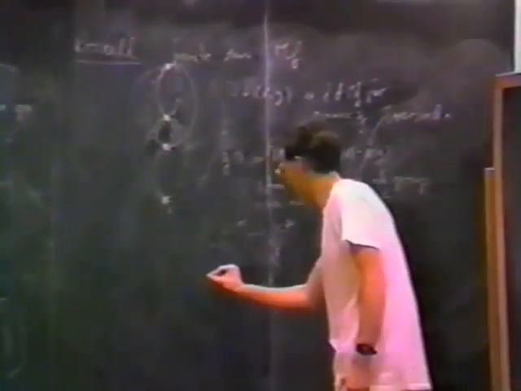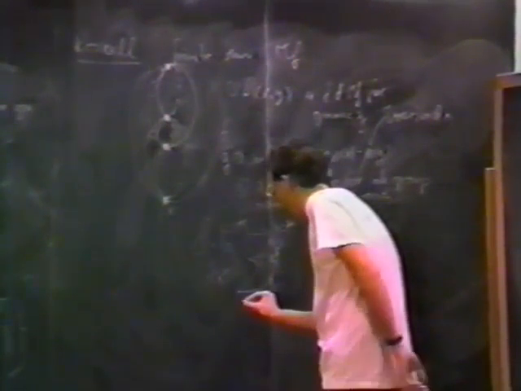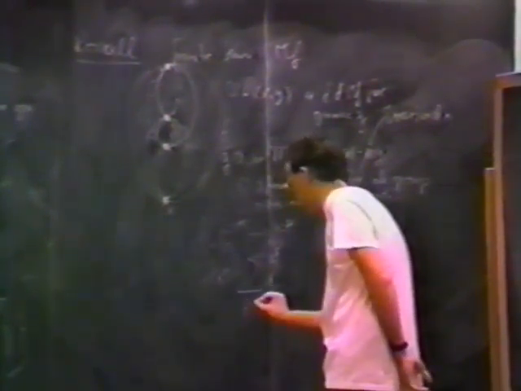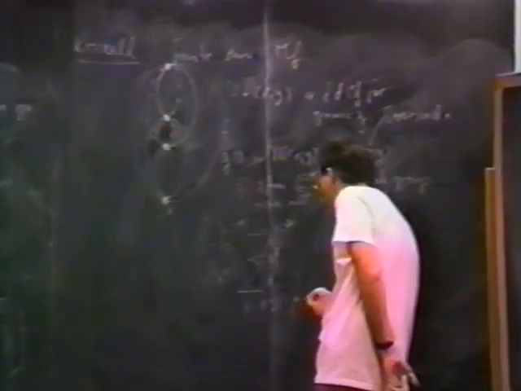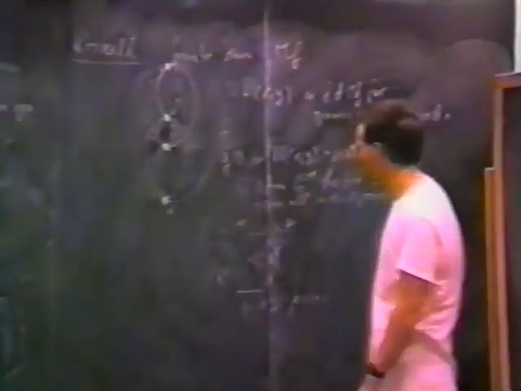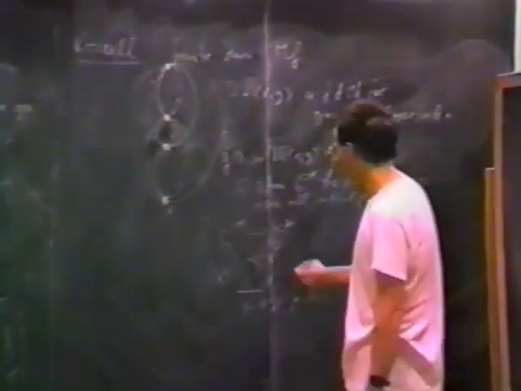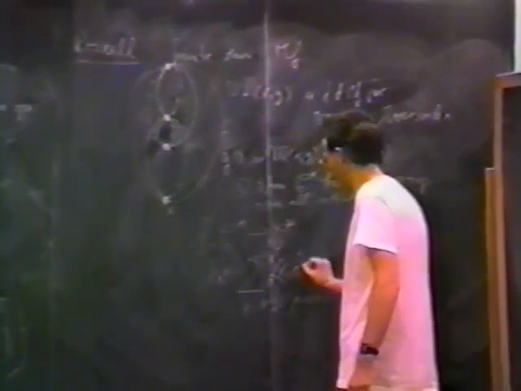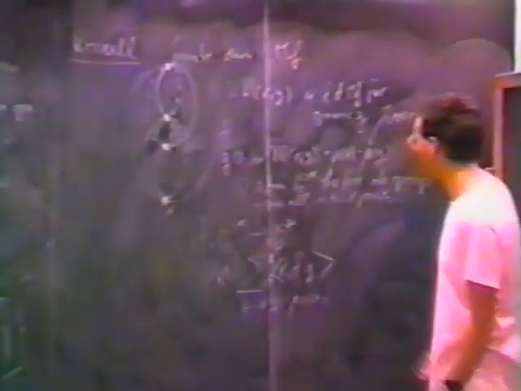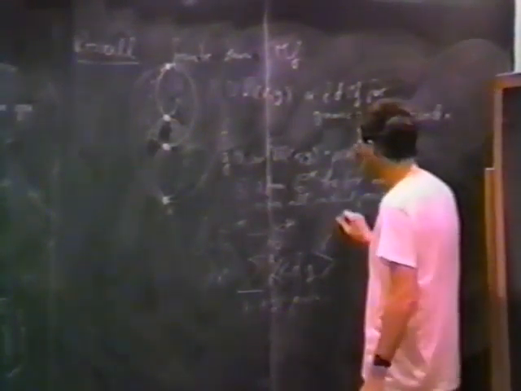So delta of x is the sum over all critical points y with mu of y equal to mu of x plus 1. The number that I put in here, which is the matrix element, is just the number of trajectories.